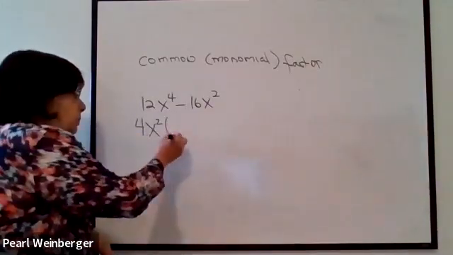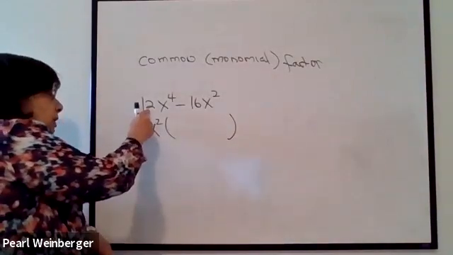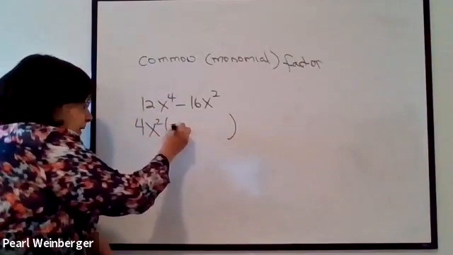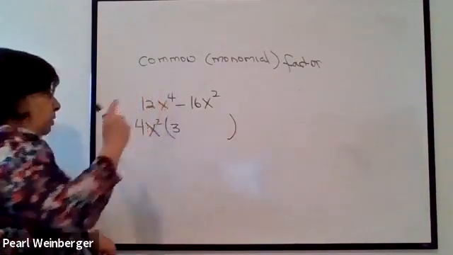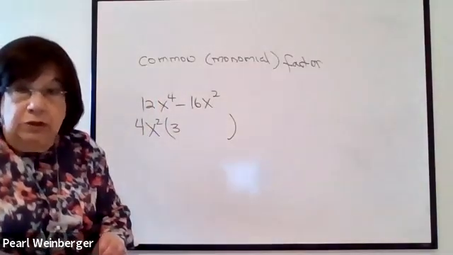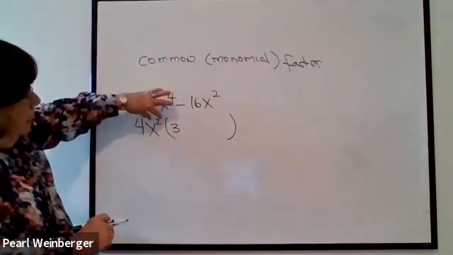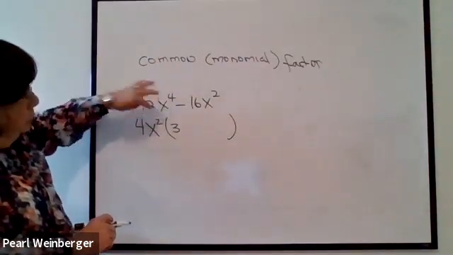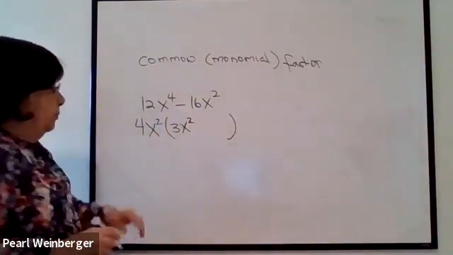First, I'm going to put a parentheses. I'm going to divide the 4 into the 12, and that'll give me 3. And I'll divide the x squared into the x fourth. Now remember, when you're dividing, what you do with the exponents is you subtract. You subtract the larger exponent minus smaller. 4 minus 2 is 2. So the first term becomes 3x squared.